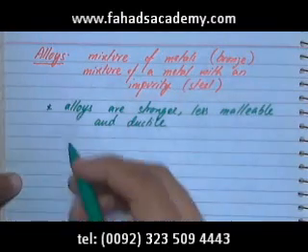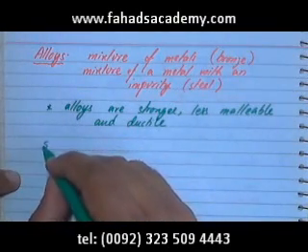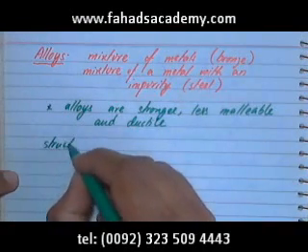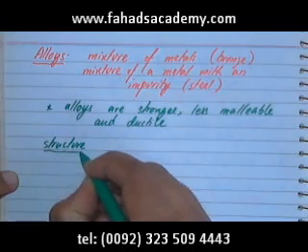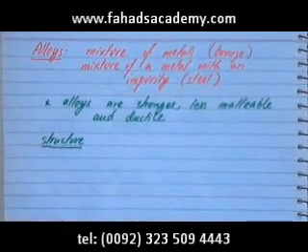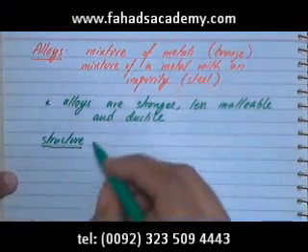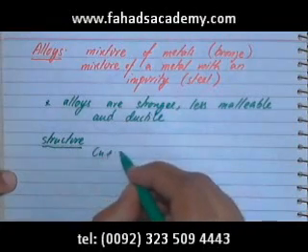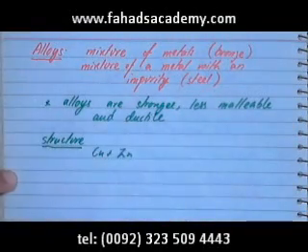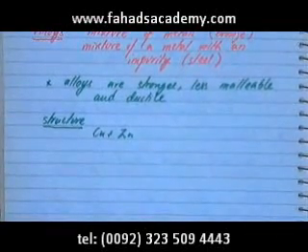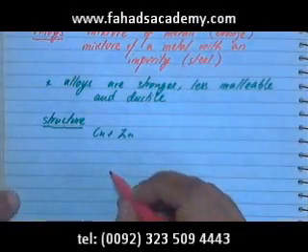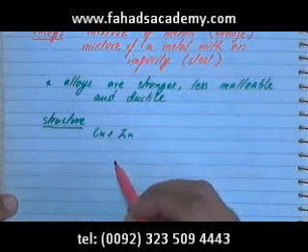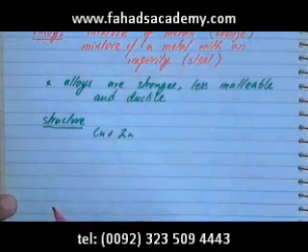The first thing that we're going to discuss is the structure of an alloy. The structure of an alloy is very similar to that of a metal. For example, we have copper and zinc forming an alloy. When copper and zinc mix together, the structure is still a giant metallic lattice, but there's one small difference: they have different sized atoms.